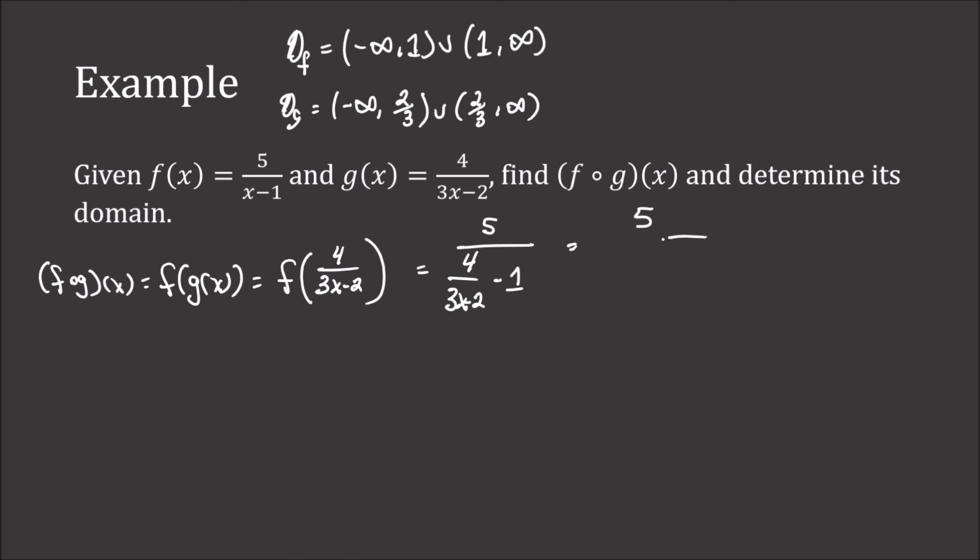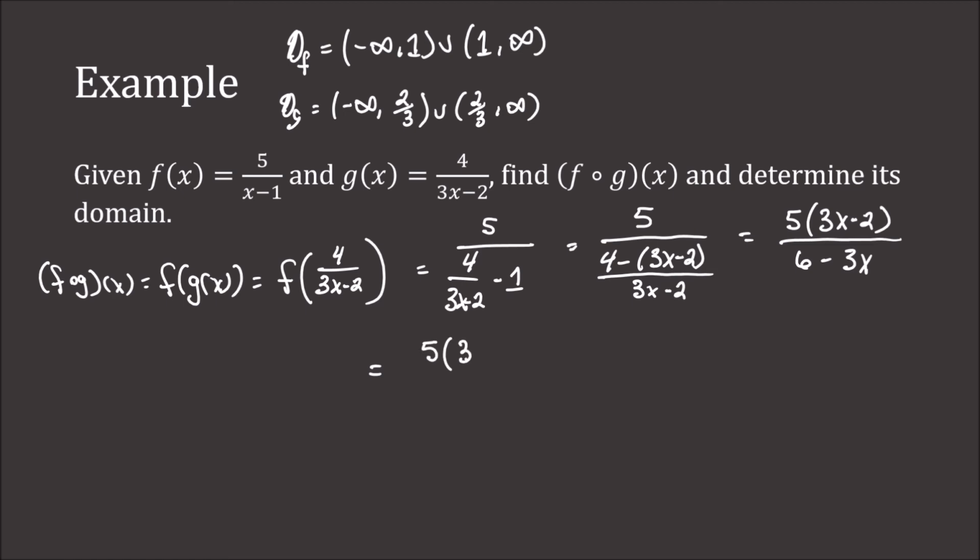So I have 5 over 4 minus the quantity 3x minus 2, all over 3x minus 2. So it's 5 times 3x minus 2, all over 6 minus 3x. And we can simplify that even further if we wish. So we have 5 times 3x minus 2, all over 3 times 2 minus x.